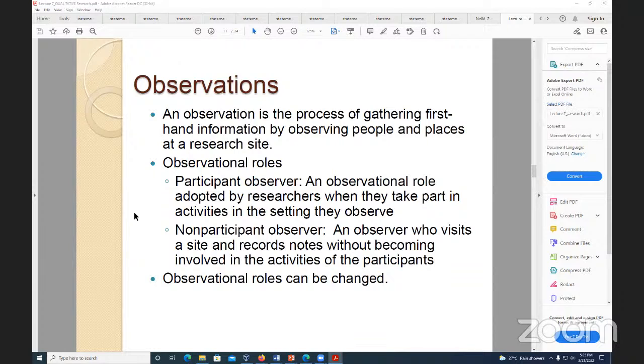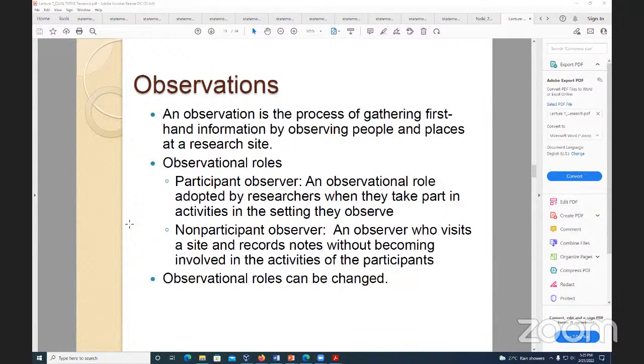So for observations, the observation is the process of gathering first-hand information by observing people and places at a research site. So you have the participant and non-participant observer. There's a way to do an observation where you become part of a community and you're there over many days or weeks or months.